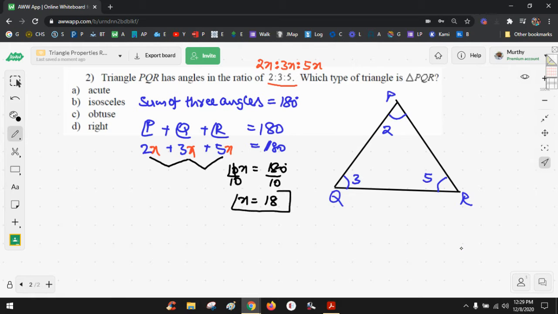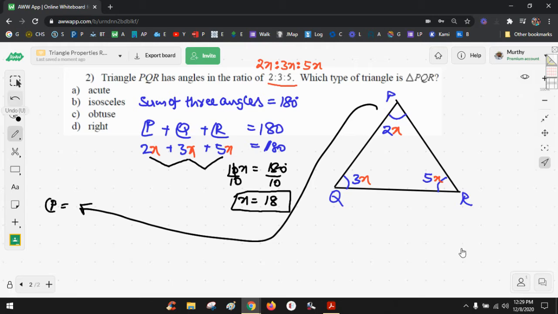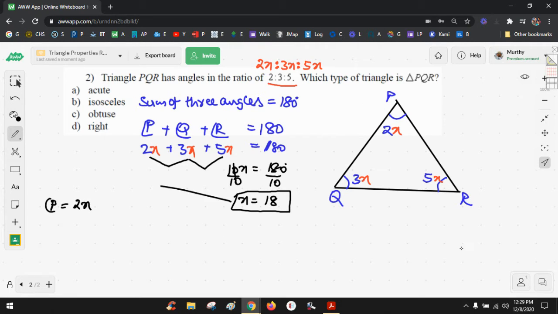So x equals 18 degrees, and we thought these angles as 2x, 3x, and 5x, right? So angle P, here I am taking angle P, that is 2x, and just now I got the value of x as 18. Therefore 2 times 18 equals 36 degrees.